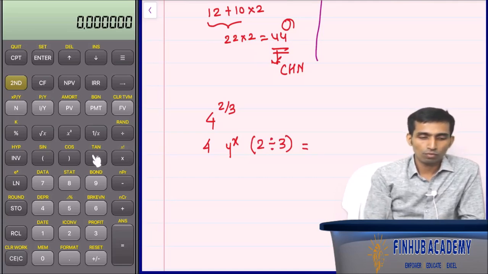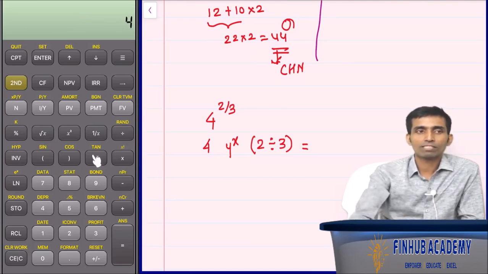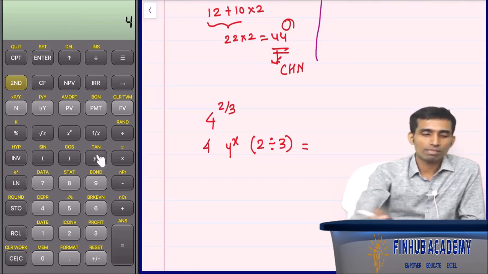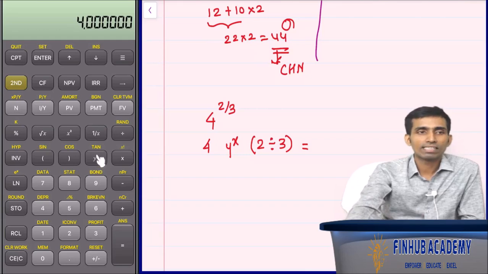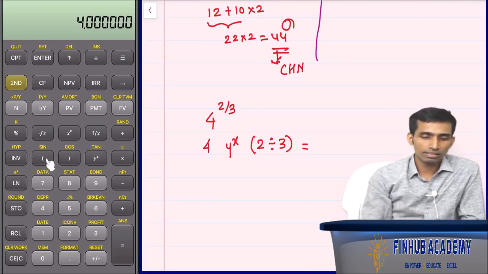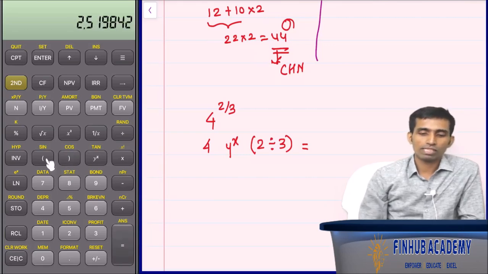Clear work. 4. Correct. I have pressed 4. Y raised to x I will press. Then I will press this bracket open. It will not show anything. Remember. 2 divided by 3, bracket close, equals to, answer is 2.5198. This is your answer.